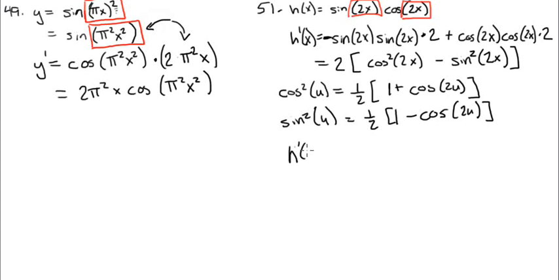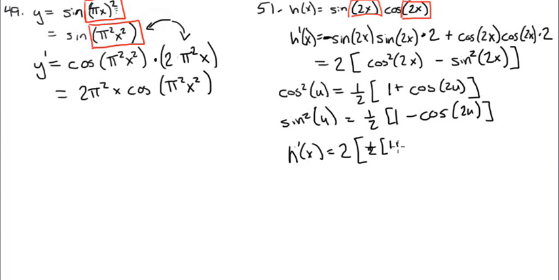Then h prime of x will be equal to, here I have a 2. This guy gets replaced with this. I notice that I have a 1/2 and a 1/2. I'll have them in both terms. I'll just write it out anyway, be explicit as I can.